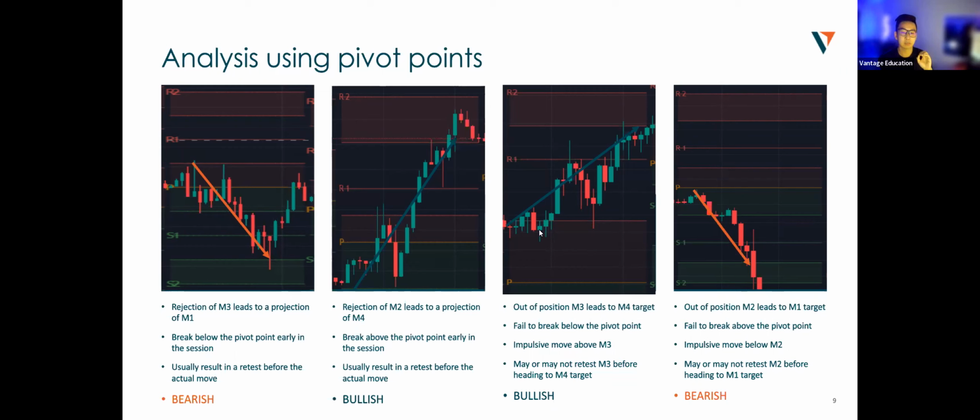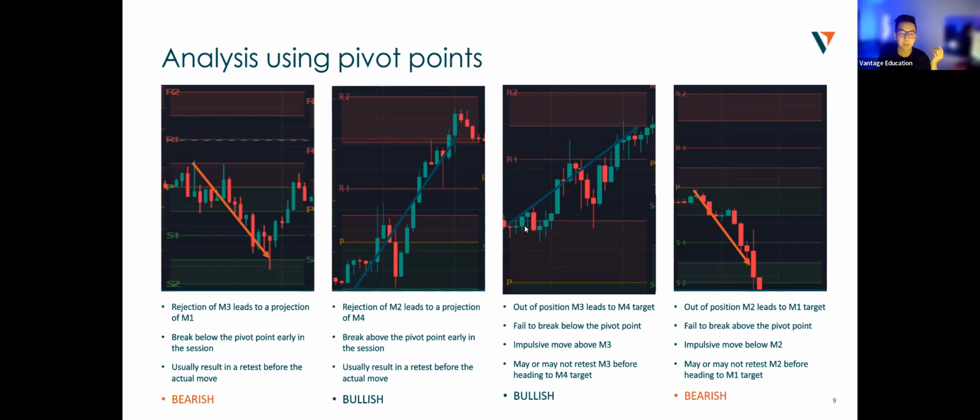There are certain cases where it might be events driven, it might be market sentiment, where at the M3 level, instead of rejecting this level and moving down, it breaks past M3. Once it breaks past M3, this is what we consider an out of position M3, which is basically instead of it selling down, it actually moves up here.